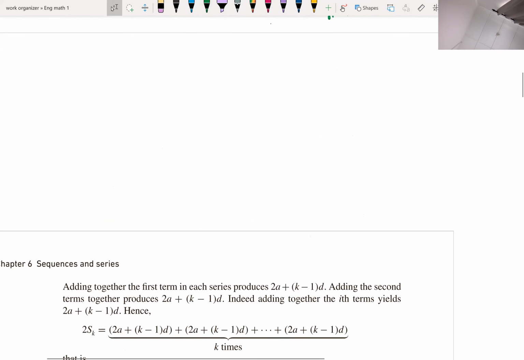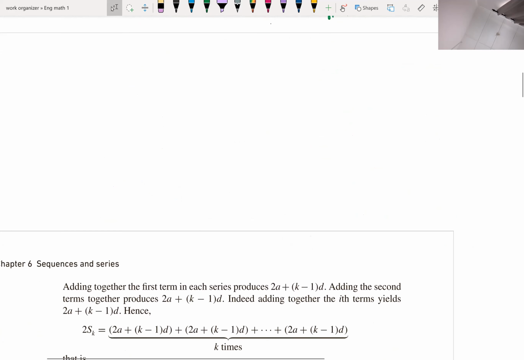Then this one will be added with the second term, which is a plus d.